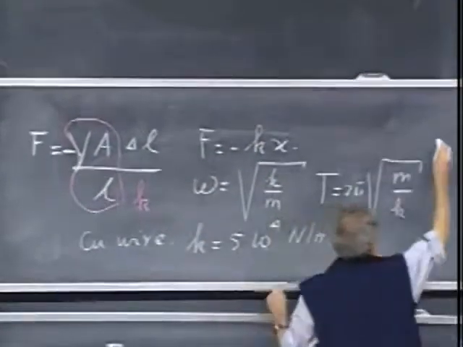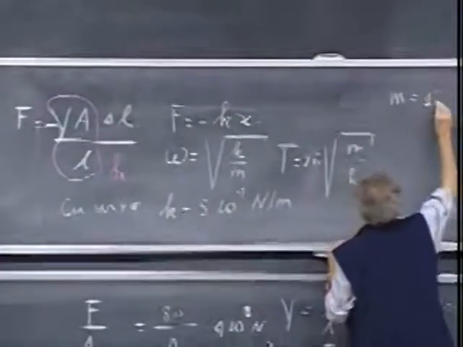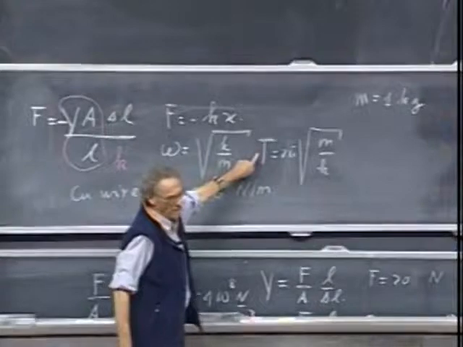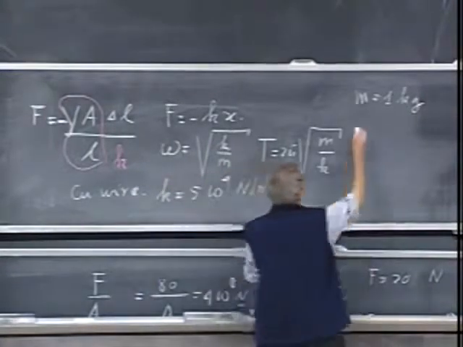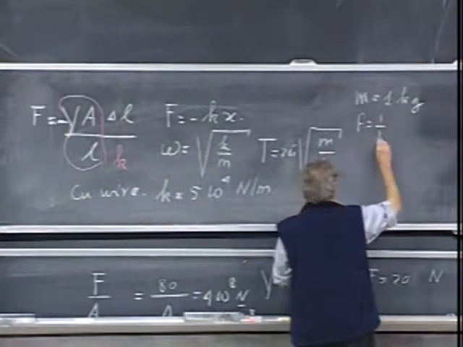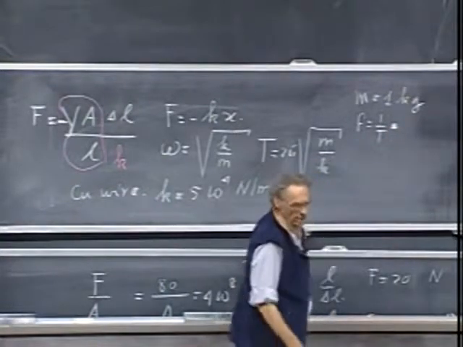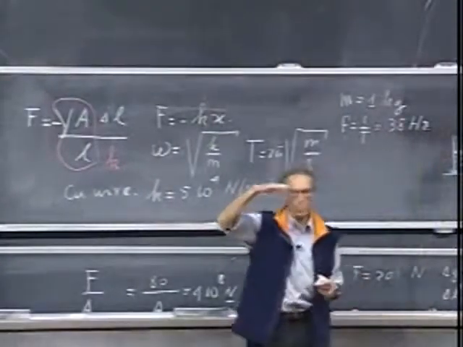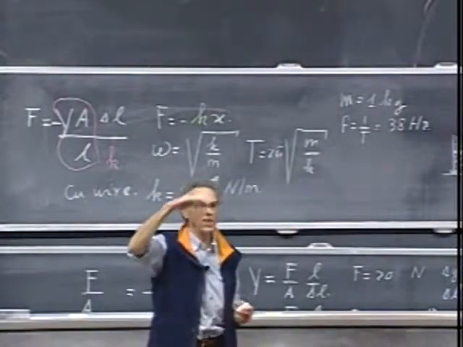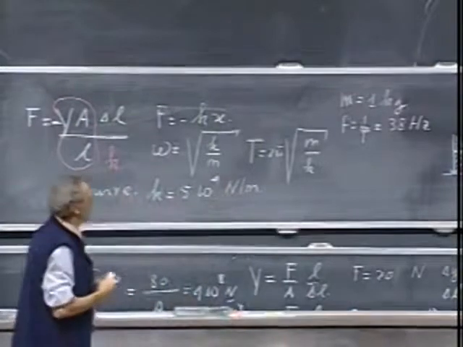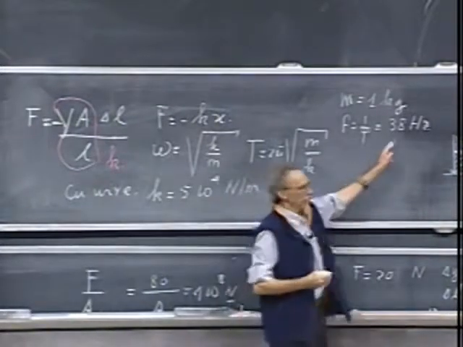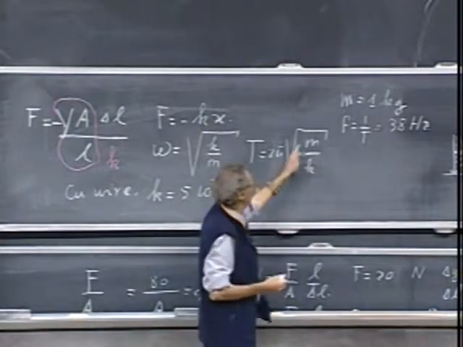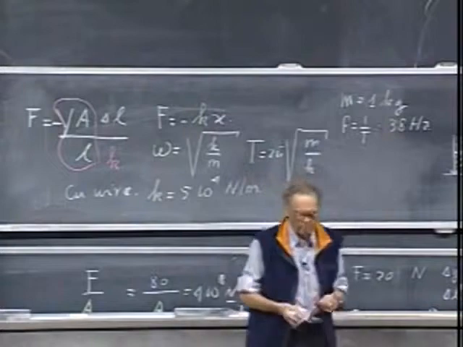So if now I hang on it a mass of 1 kilogram, I can calculate the period of one oscillation, and 1 over the period is the frequency f, and I believe that is something like 38 hertz. So it would start to oscillate like this, 38 times per second, and if I hang 2 kilograms on it, then this frequency would become something like 25 hertz, because a higher mass gives me a longer period, it gives me a lower frequency.